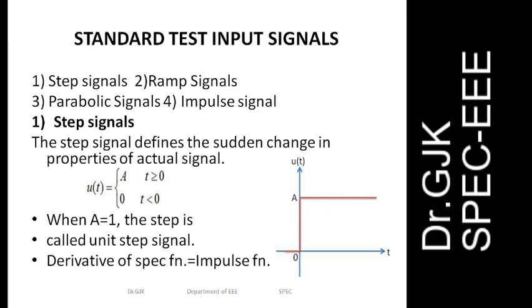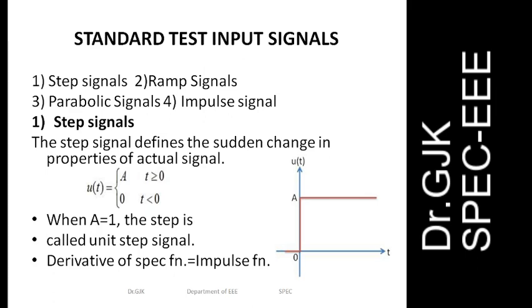And if we differentiate this signal, we will get the impulse function. Impulse function means a function which will have infinite value at t is equal to 0, and for all time t greater than 0 or less than 0, its amplitude equals 0. Here also, for the step signal, at t is equal to 0, its value varies from 0 to a.